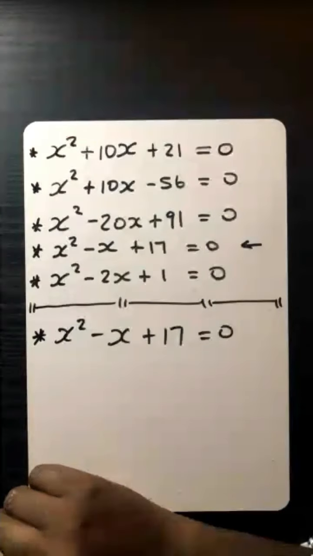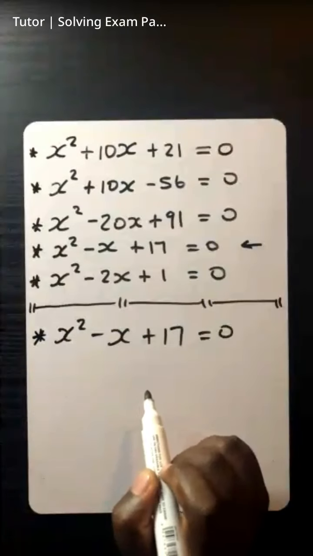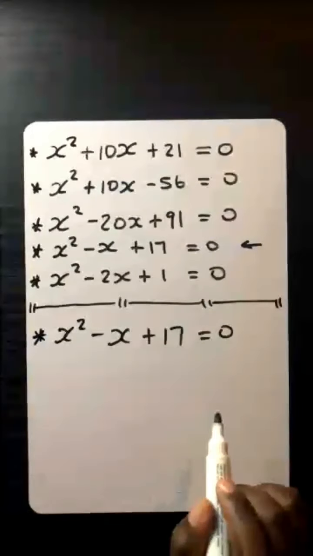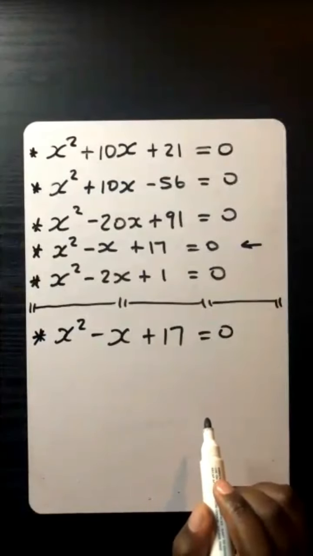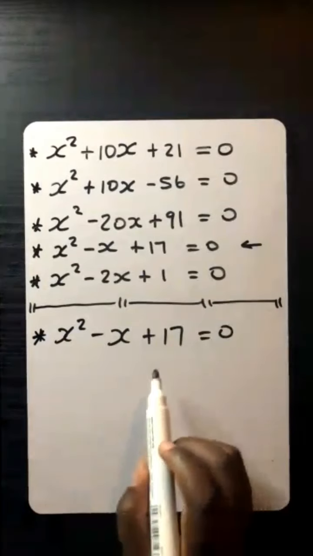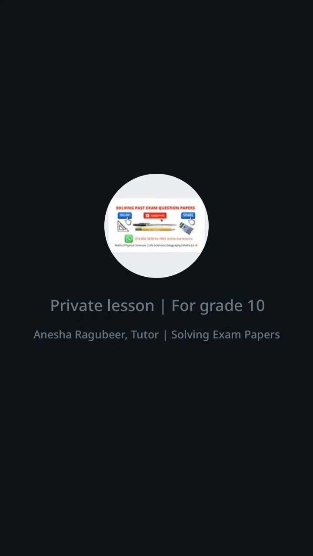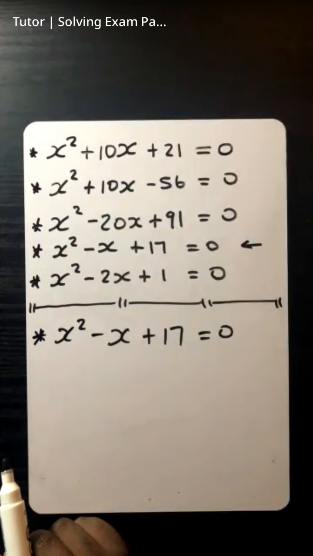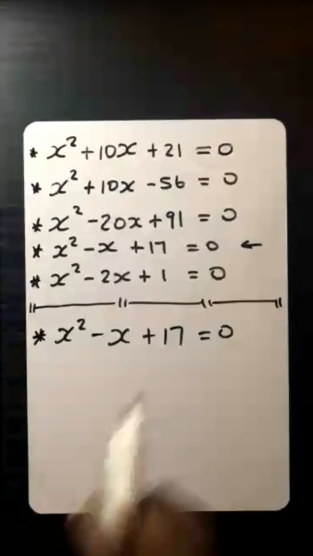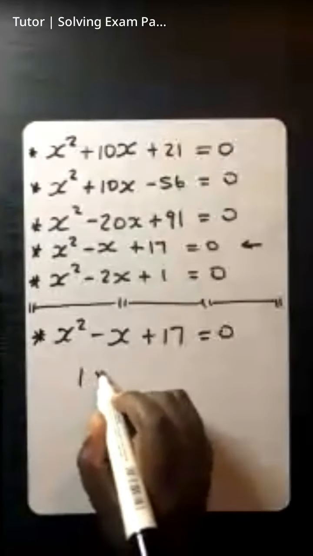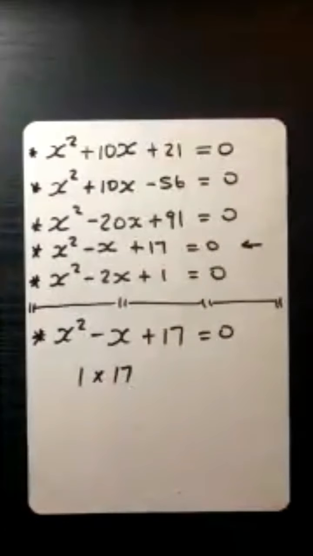Okay, 100%. Shreyas, let's now continue and proceed to this one. So let's see. Which two numbers, when multiplied together, will give us 17? 1 times 17. 1 multiplied by 17.